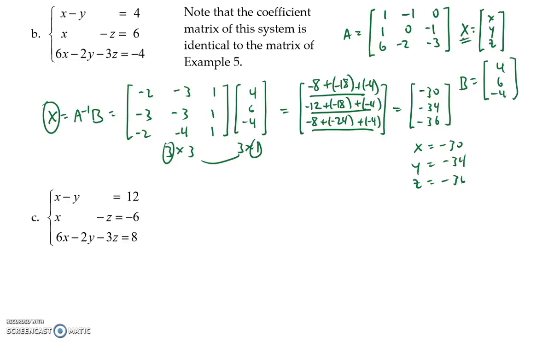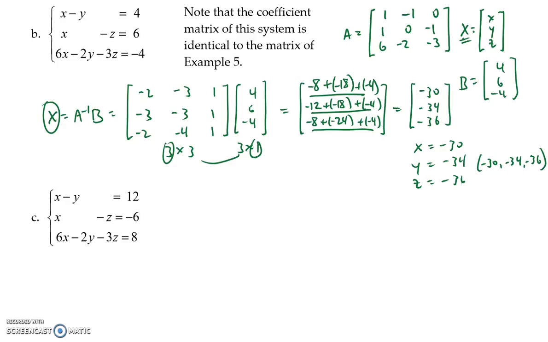That could also be expressed as the ordered triple negative 30, negative 34, negative 36. So that is the unique solution to the system of equations in example 6b, found using the inverse matrix method rather than using something like the addition method.